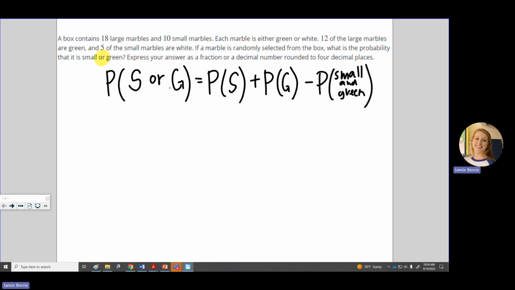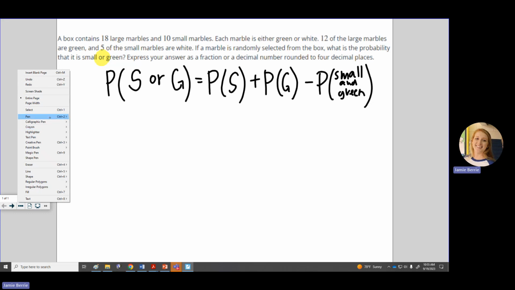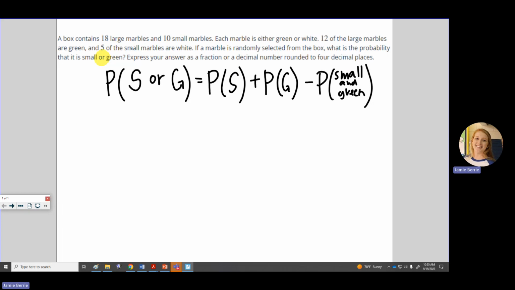All right, so we need to find these probabilities, but before we can find the probabilities, we have to do a little bit of work behind the scenes to figure out the numbers. There's a few pieces here we're going to have to kind of read between the lines. So this one is a little bit more complicated than some of the other addition rule problems. It says a box contains 18 large marbles and 10 small marbles.